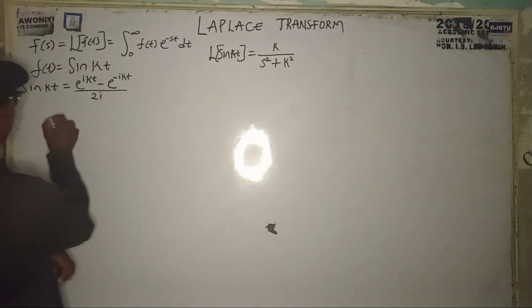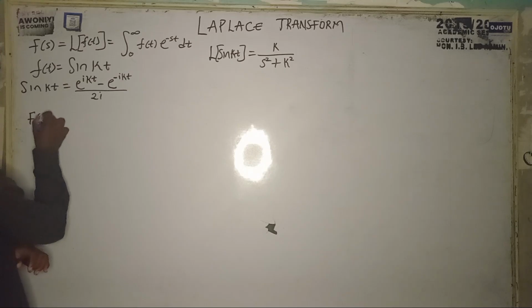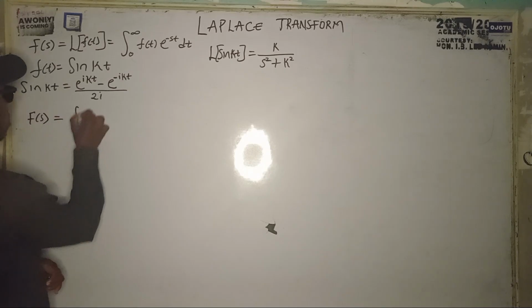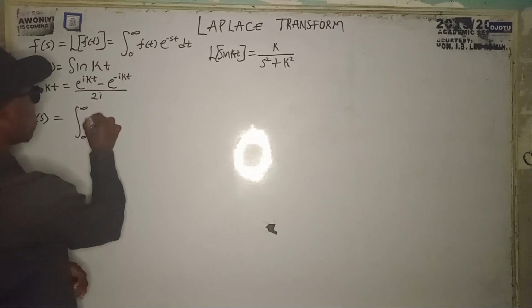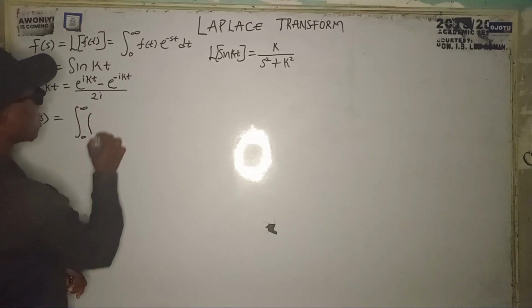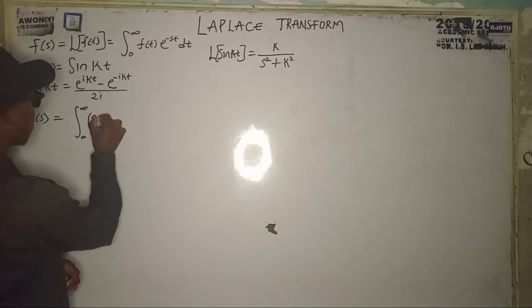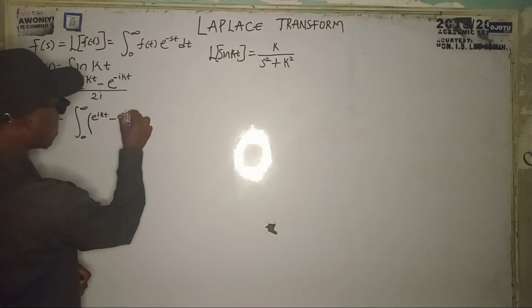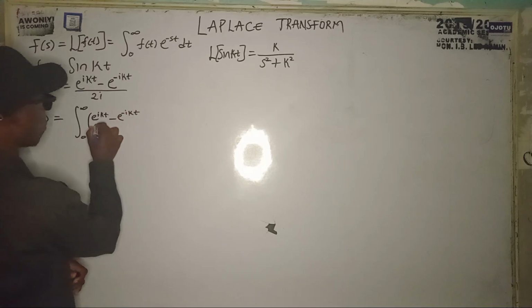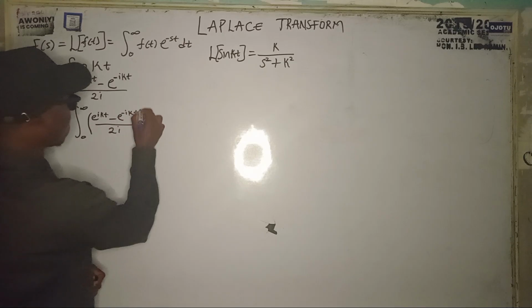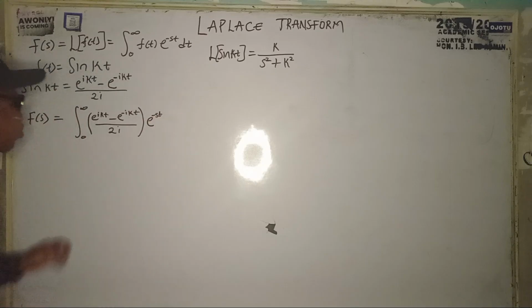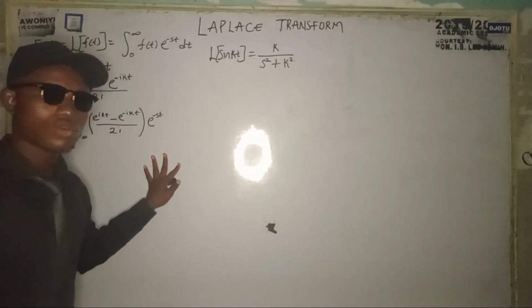So what we just have to do is f of s, or Laplace transform of sin kt, is equal to the integral from 0 to infinity. We open our brackets where we have e raised to the power i kt minus e raised to the power minus i kt over 2i times e raised to the power minus st. So we can break this down much further.